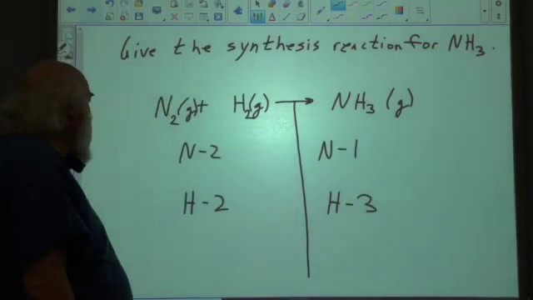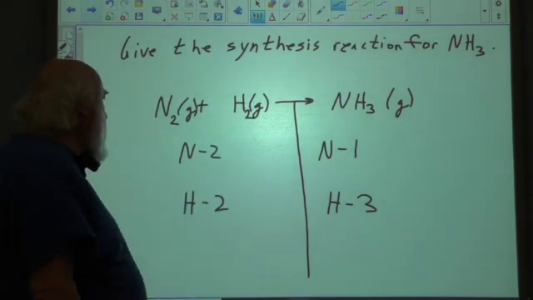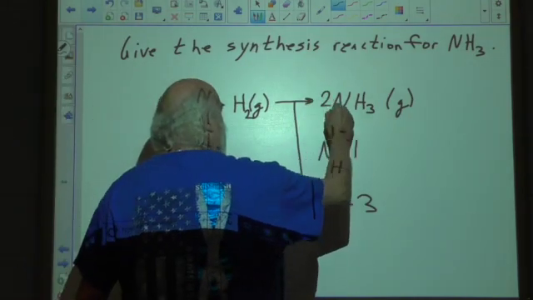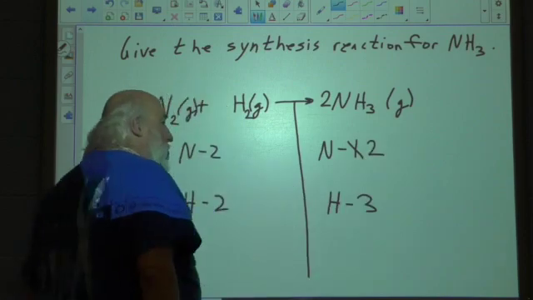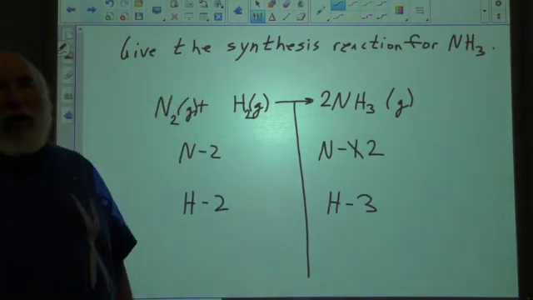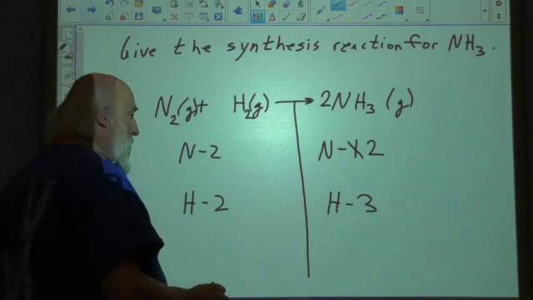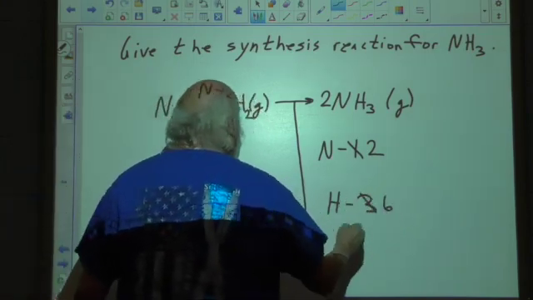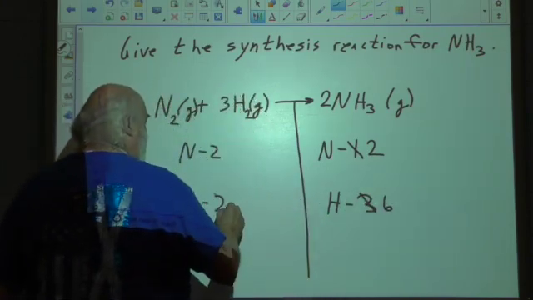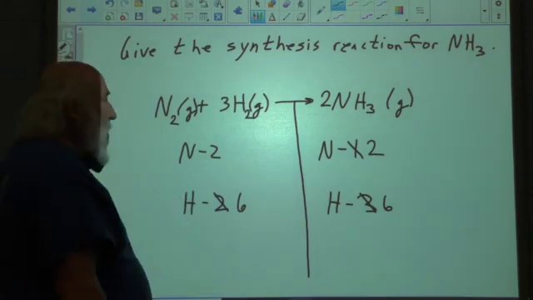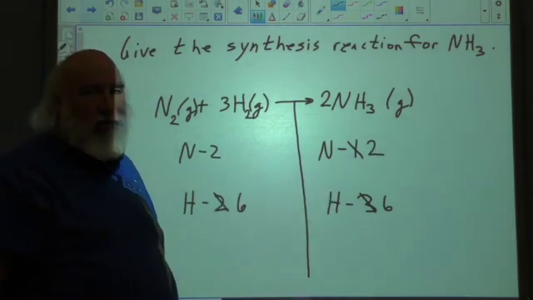Okay? So if I want to get the nitrogens balanced, I'll put a 2 in front of the NH3. That does indeed give me 2 nitrogens. And now it changes the number of hydrogens to 6. So fix that. I'll put a 3 right there. And it gives me 6 right here. And voila, we have a balanced equation.